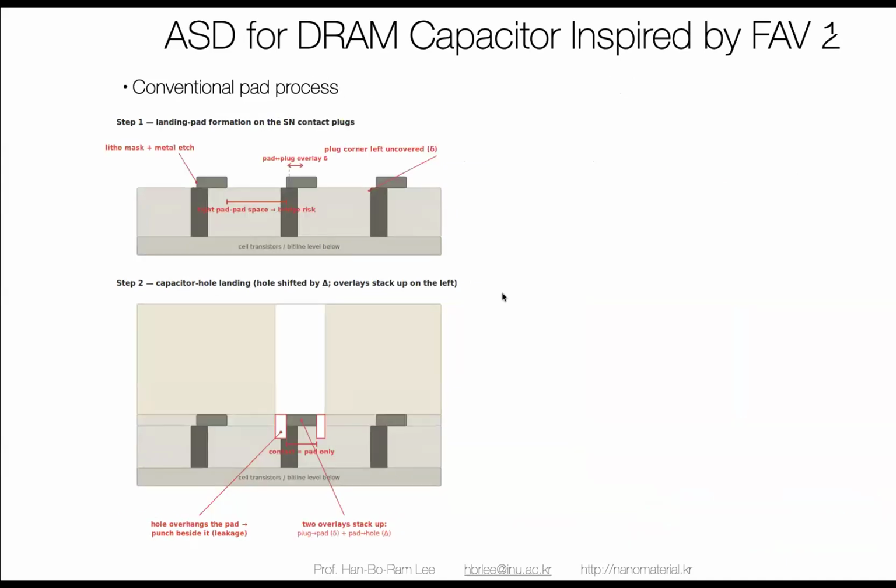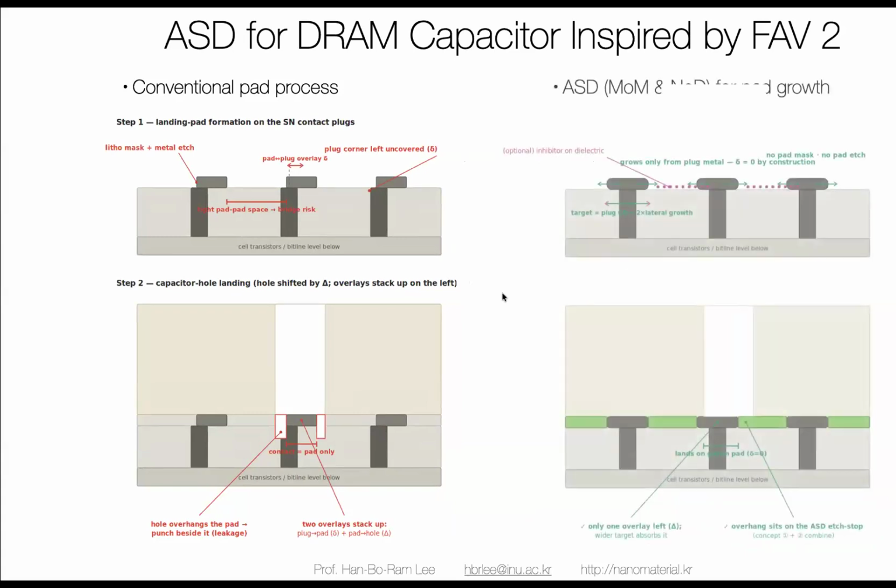Also, this is another approach. We have to deposit some metal pad on the metal top, the metal landing area. And then because of the limited photolithography tool, we can make the right alignment here. And as you heard about that, if you grow the ASD on the top, the pattern surface, we definitely have overhang growth.